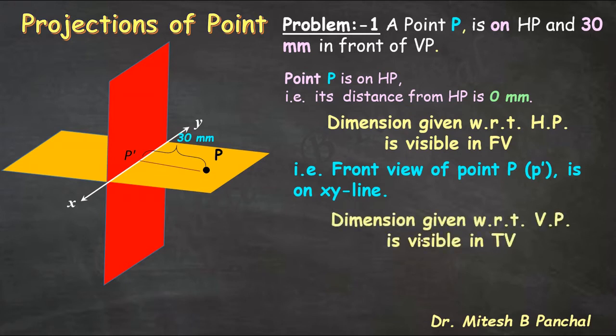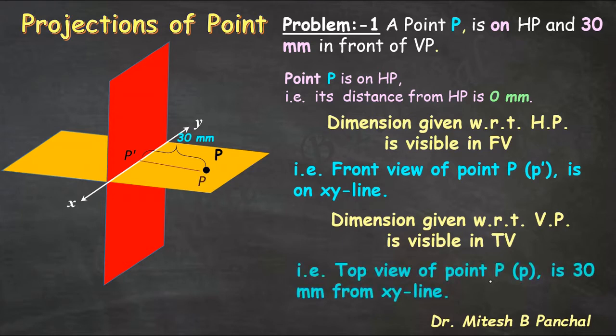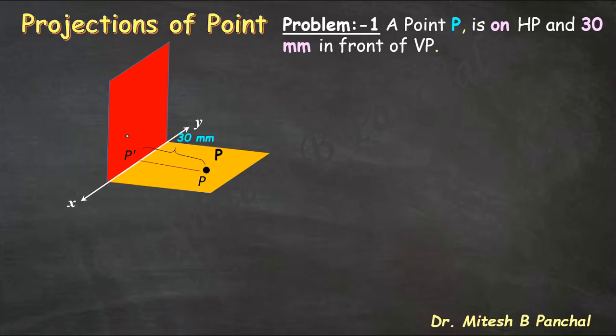Similarly, dimension given with respect to VP is visible in top view. So here dimension of point P is given with respect to VP, that is 30 mm in front of VP. So top view of point P, that is small p, is 30 mm from XY line. So here P dash and P are the projections of object, that is nothing but a point capital P. So this is the demonstration of the problem.